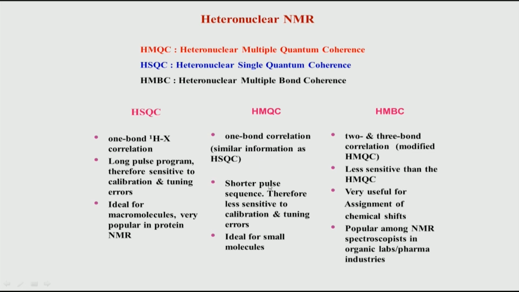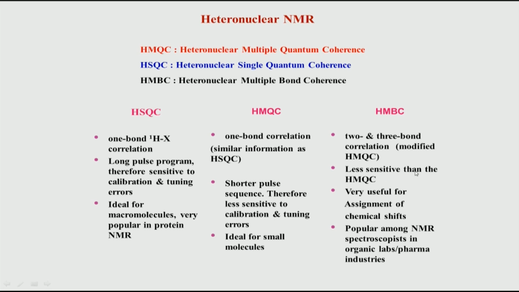Therefore, HMQC is more sensitive in that respect, but it is less sensitive for some other purpose. We will see that later. HSQC is typically used for macromolecules, that means biomolecules, and is very popular in protein NMR or in the case of peptides. And HMQC on the other hand is ideal for small molecules, that is organic molecules, and that is what typically is done in the case of drug discovery or for solving structures of small organic compounds.